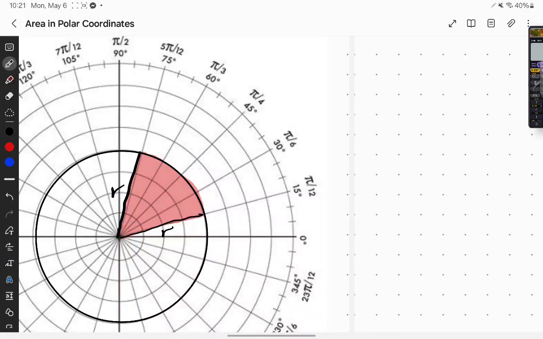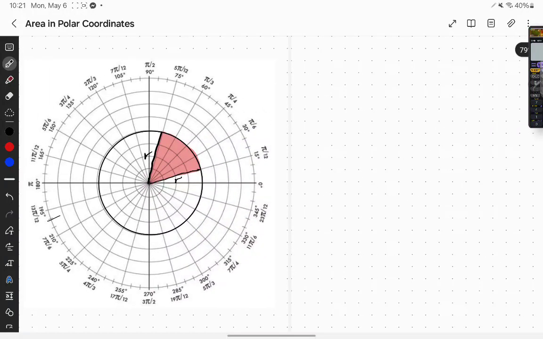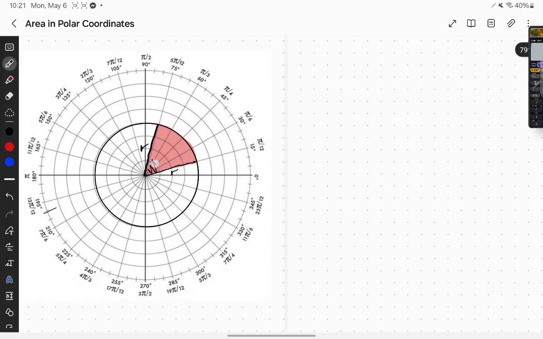We can use the formula for taking the area of a sector, because this area is a sector of the circle. The area of a sector is just equal to 1/2 r squared times theta, wherein our theta is in radians.